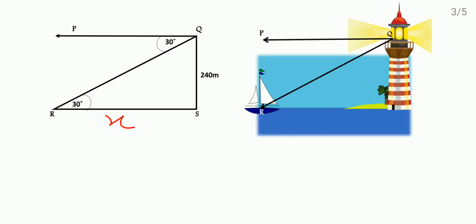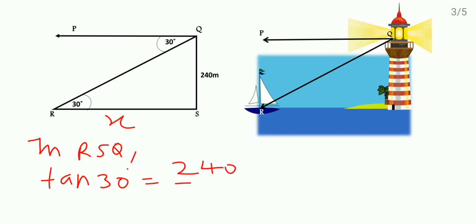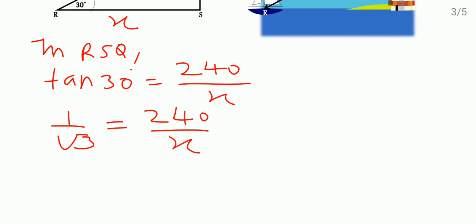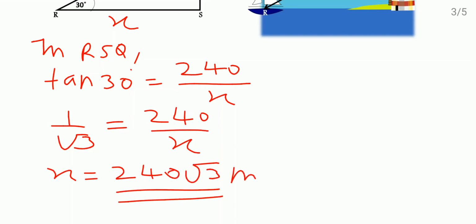Let us consider this distance as X. In triangle RSQ, I will use tan 30 degrees, which is equal to opposite side 240 by adjacent side X. Substituting the value, 1 by root 3 is equal to 240 by X. So X is equal to 240 root 3 meters, the distance of the boat from the base of the tower.